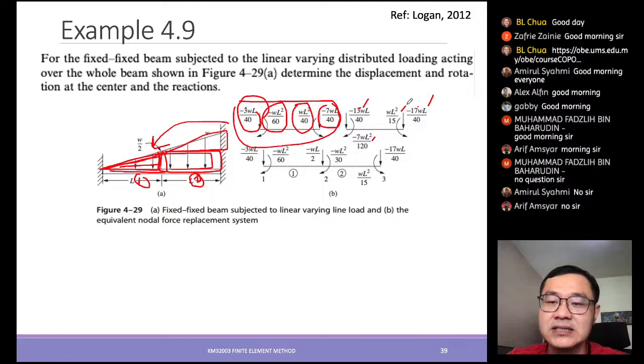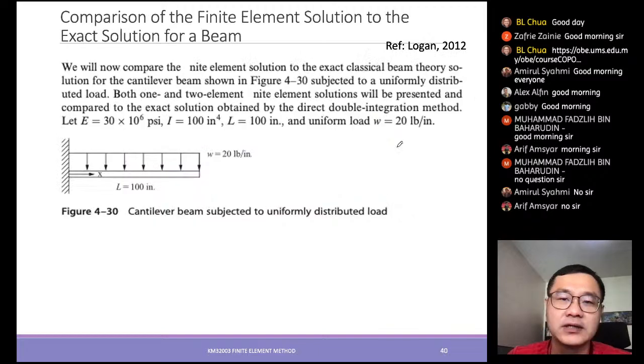So eventually you should get this particular form. This is how you can derive it for a non-uniform linearly varying distributed load.